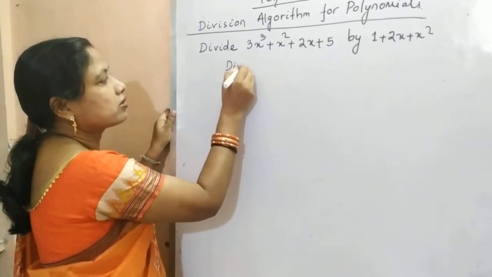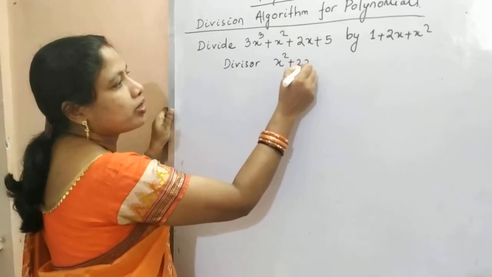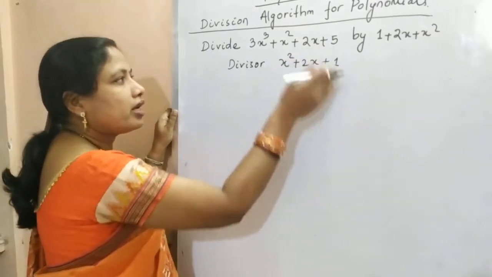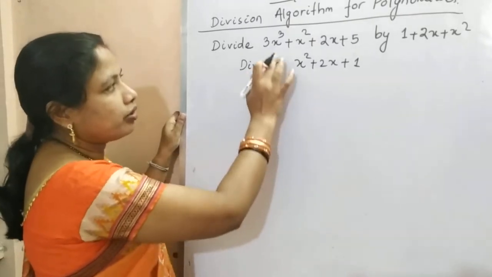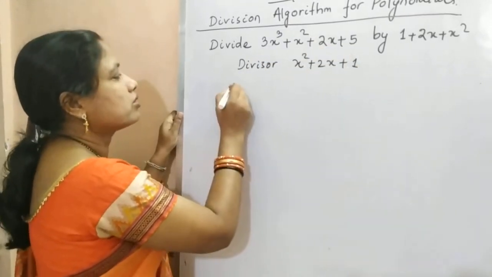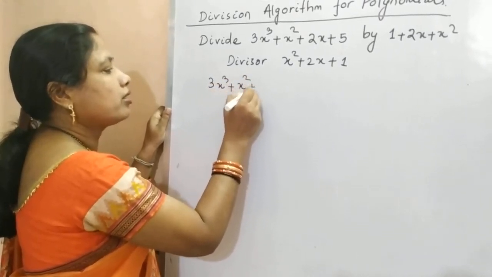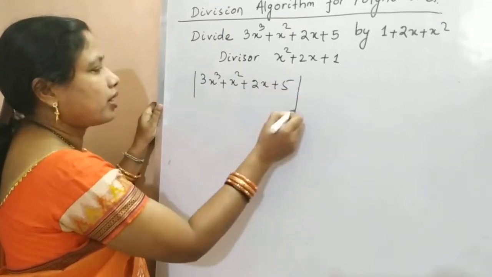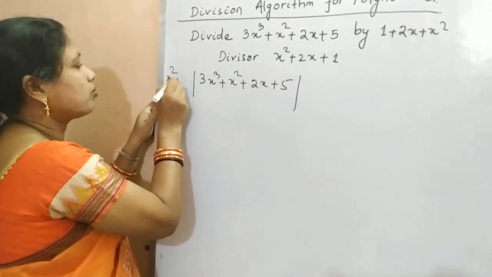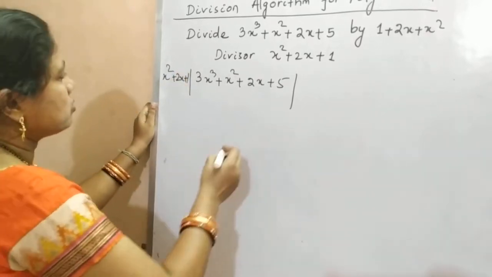So divisor is x square plus 2x plus 1. Then the dividend is already in the standard form. Now we will divide the dividend by divisor. So 3x cube plus x square plus 2x plus 5 divided by x square plus 2x plus 1.